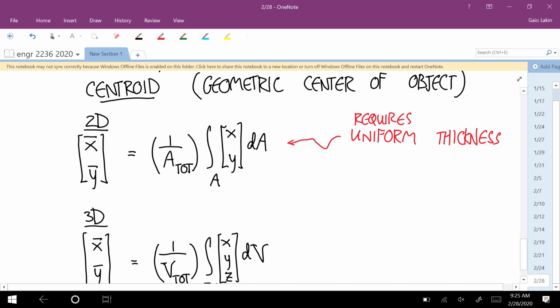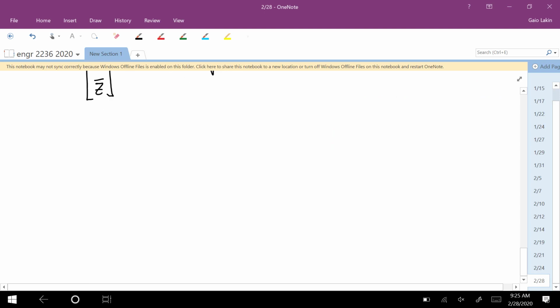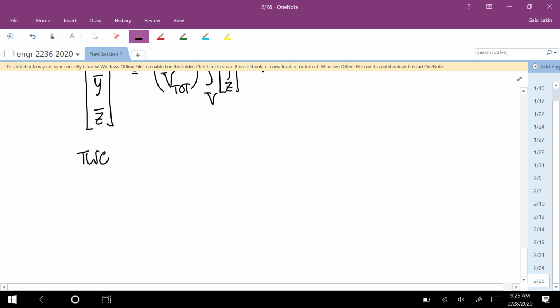So I'm just going to give you a list of common shapes and the way to calculate where the centroid is. Besides those common shapes, there are also two other facts that are going to make this easier for us. So here are two facts that often simplify centroid calculations.